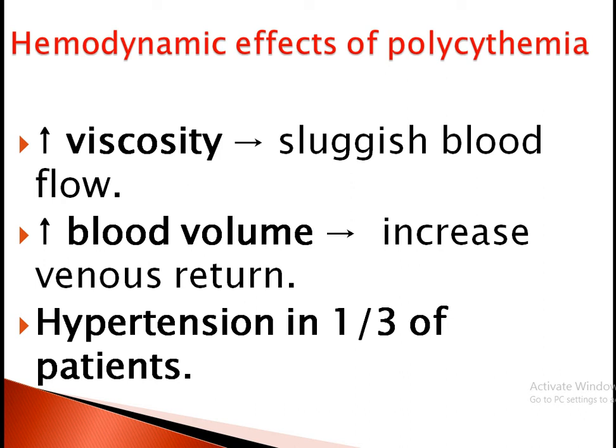Hemodynamic effects of polycythemia include increased viscosity, which leads to sluggish blood flow, increased blood volume, increased venous return, and hypertension in one third of the patients. All these are not present in one patient.